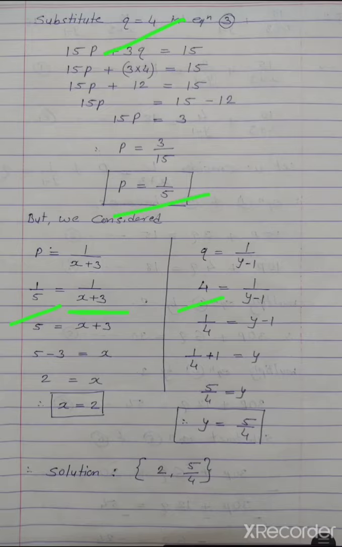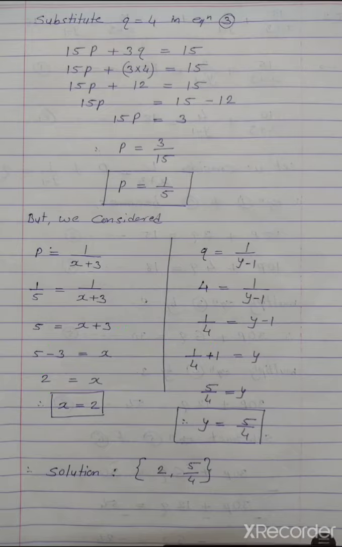Now we have to find the value of x. So on both sides I am doing invertendo. After the invertendo step, the numerator and denominator get exchanged. Therefore we get this step, and take this 3 to the other hand side. It gets added to 2 and the value of x is equal to 5.